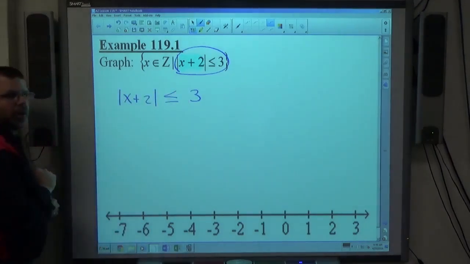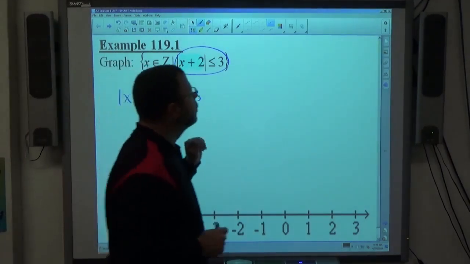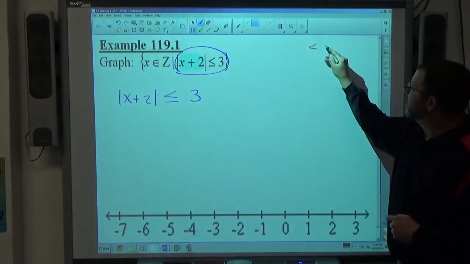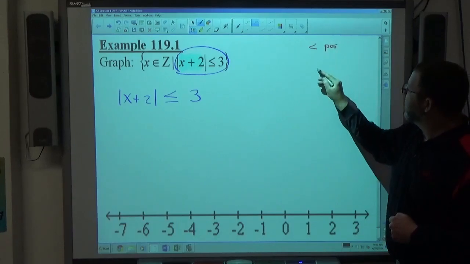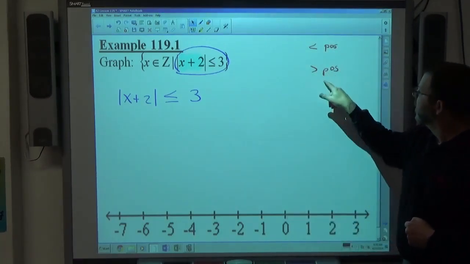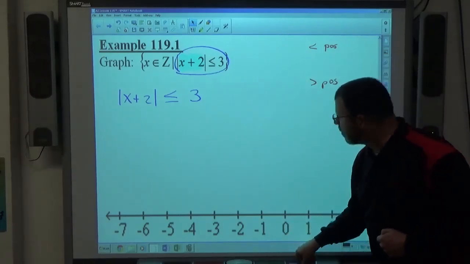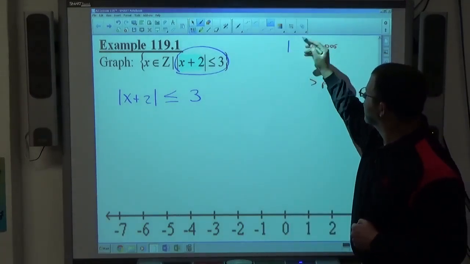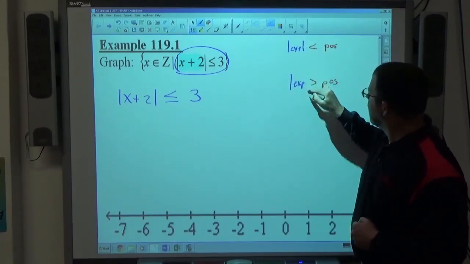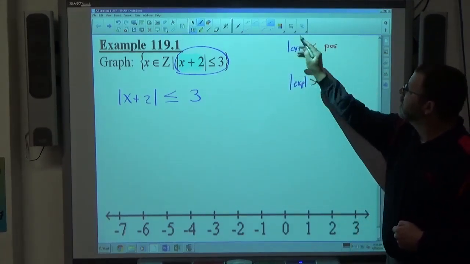Absolute value expression, inequality symbol, positive. The two scenarios are this: either we get less than a positive or we get greater than a positive. Those are the two scenarios that actually matter to us. In the situation of absolute value of expression less than a positive, we do it this way.